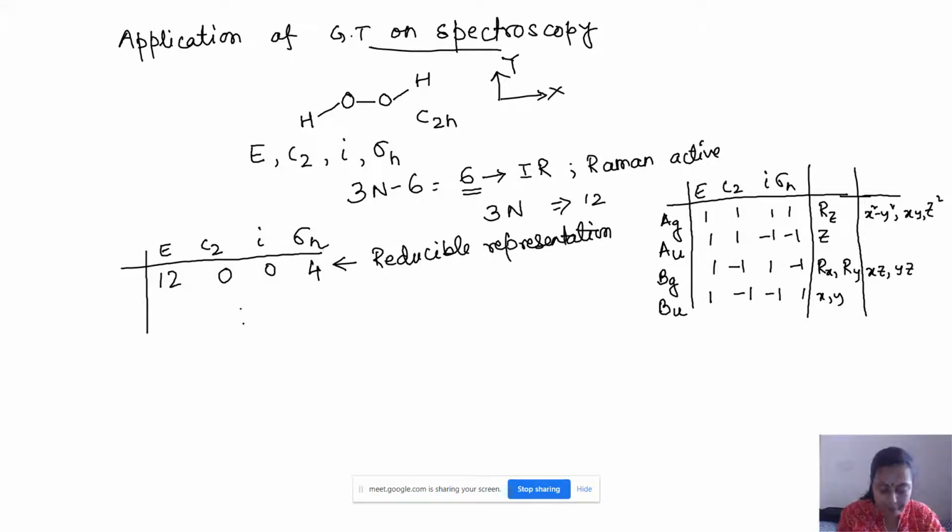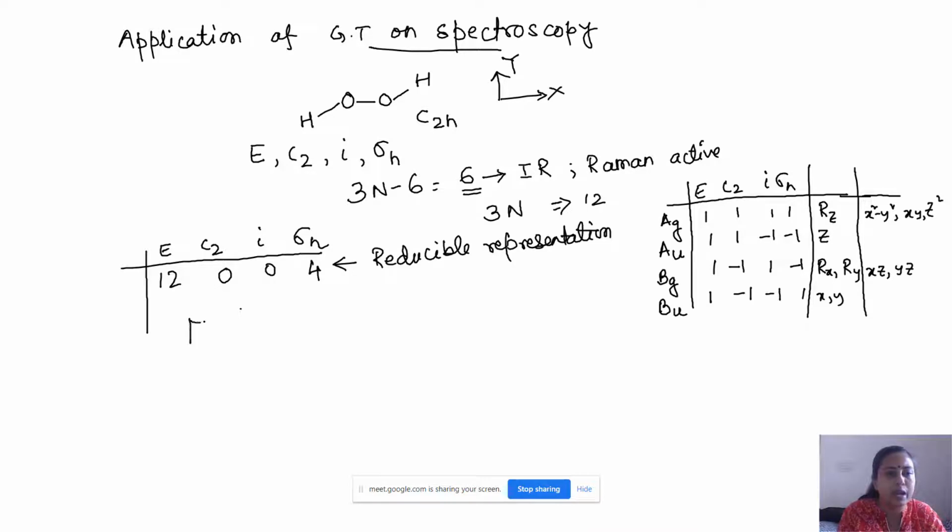Now we can apply the reduction formula to find out what irreducible representations are spanning this reducible representation. We are working with a 3N displacement vector, which gives us the complete information of the translation, rotation and vibrational motion.